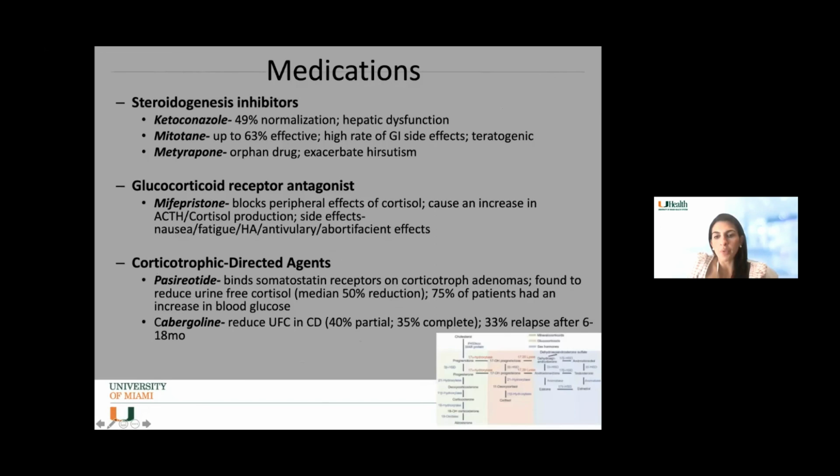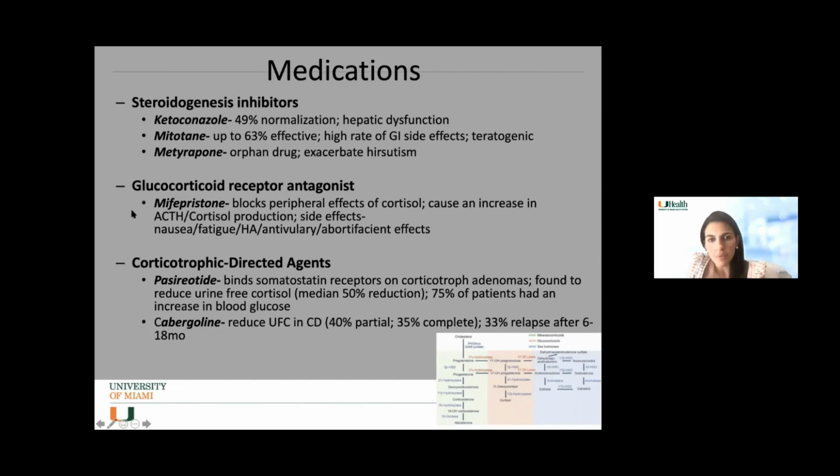Let me talk a little bit about other options. These are just medication therapies: steroidogenesis inhibitors, glucocorticoid receptor antagonists, or corticotroph directed agents. This is all your cortisol and all the different pathways that we can affect, and the medications are going to act on these different pathways.